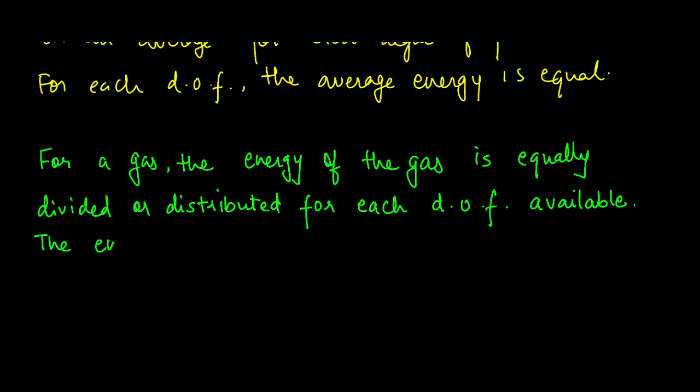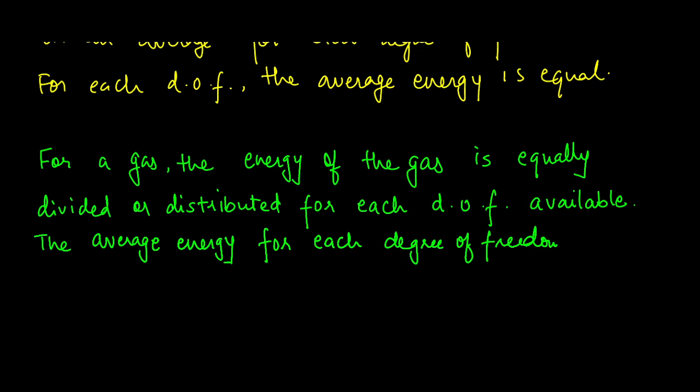The energy, sorry, the average, please write the average energy, excuse me, the average energy for each degree of freedom, the average energy for each degree of freedom for one molecule is 1/2 kBT.